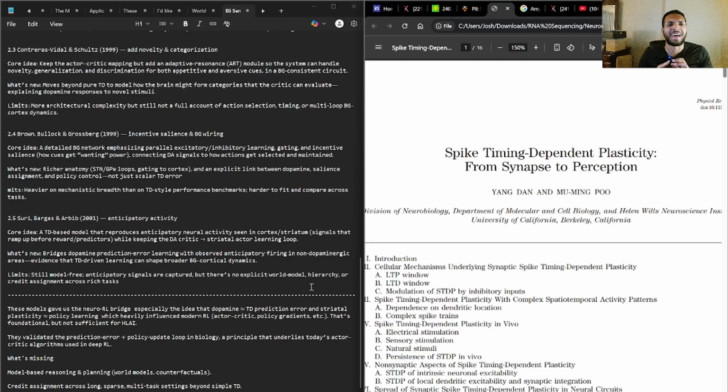Also, another thing I wanted to add, just before I moved on to 2.4: I definitely want to look into the adaptive resonance module, because there's an idea floating around that a resonance model would be the next step after a constant predictor.